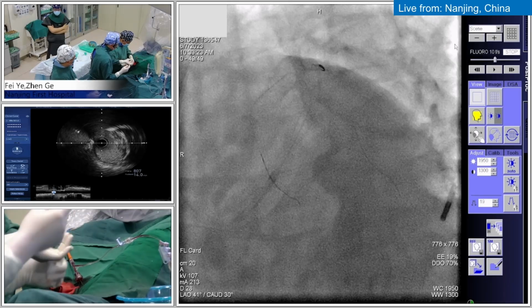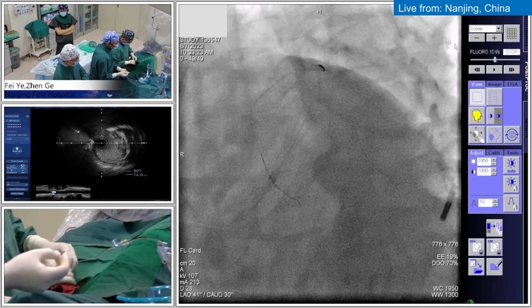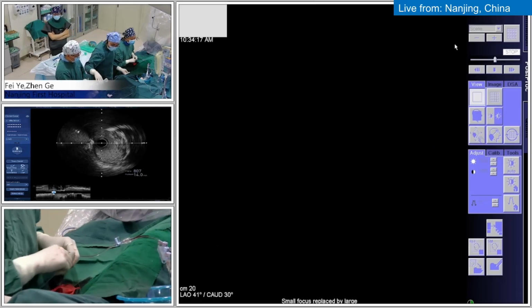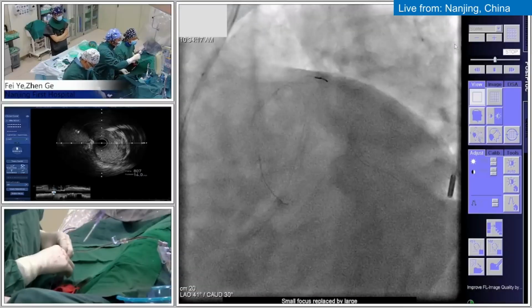So based on the IVUS detection, we select the landing zone, the mid LAD without any plaque burden over 50%, no soft plaque there.